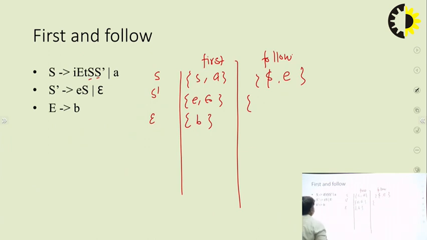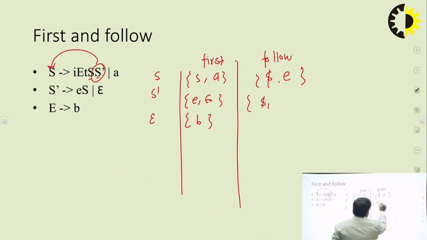In only a single production S dash comes here. Then what is the follow of S? If S does not follow any terminal or non-terminal, then the follow of S is equal to the follow of S. Then dollar and E. Now the same dollar and E.